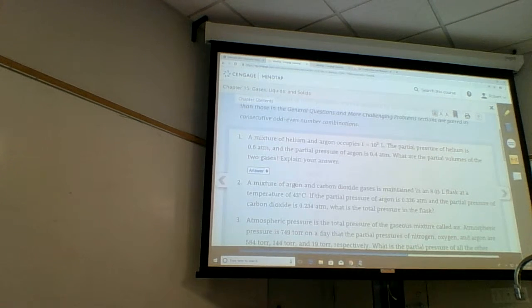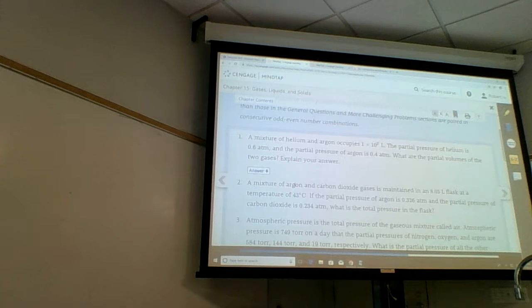And so that means this is equal to 100 liters of helium with a pressure of 0.6 atmospheres, plus 100 liters of argon at a pressure of 0.4 atmospheres.